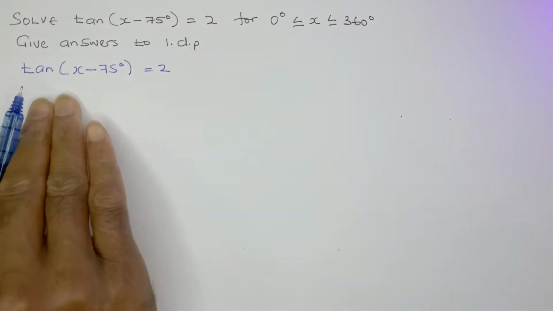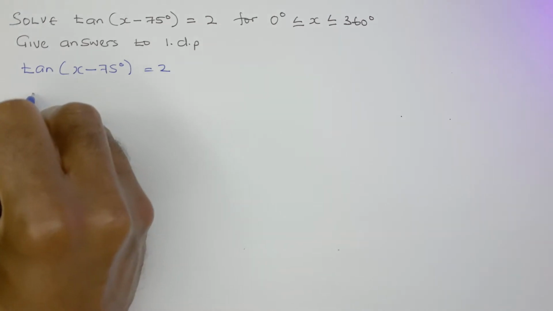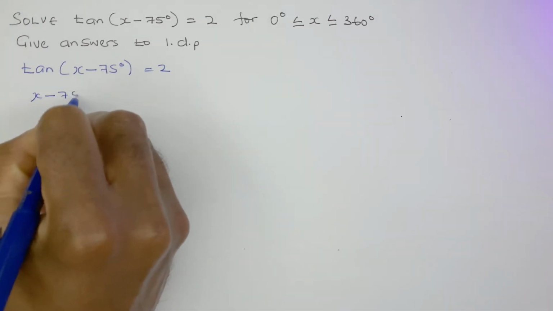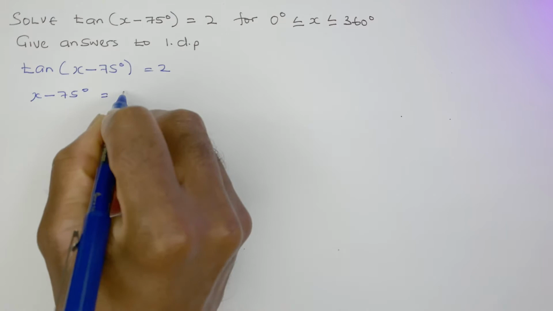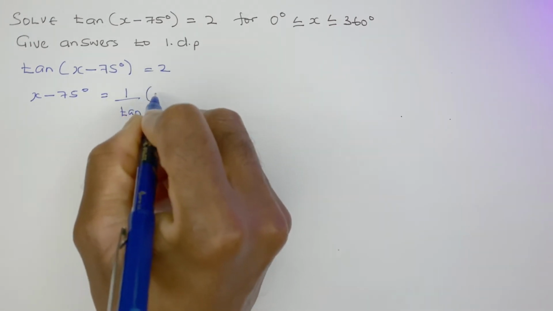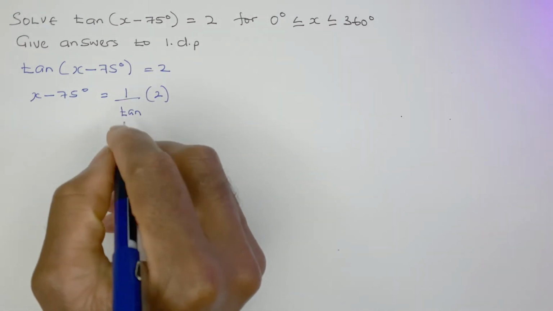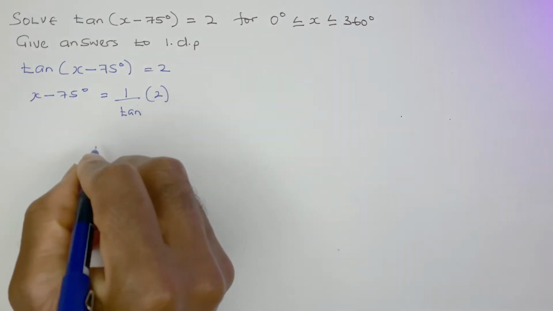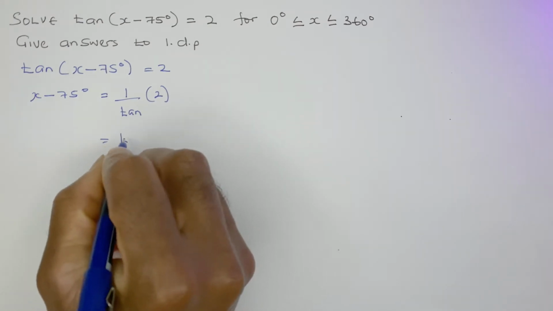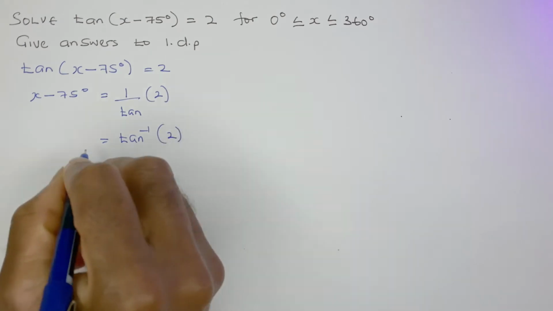So I need to divide both sides of the equation by tan. Now, in indices, 1 over tan is tan to the power minus 1, and that will be multiplied by 2.